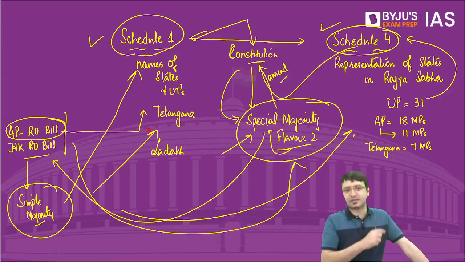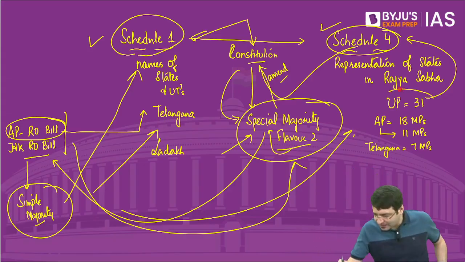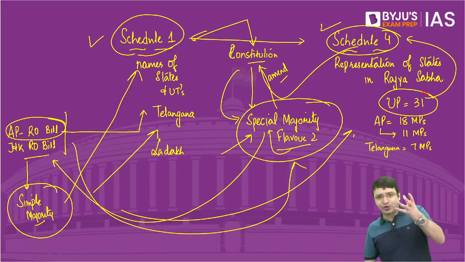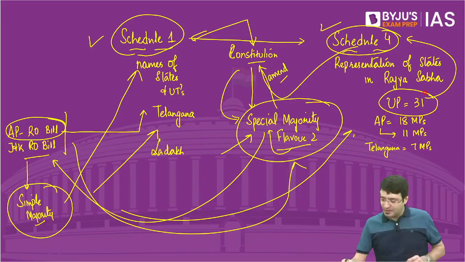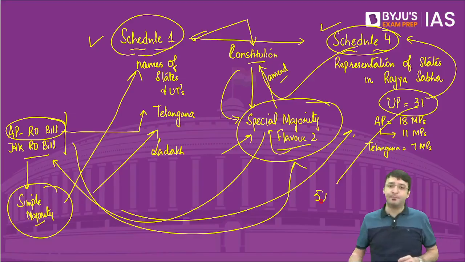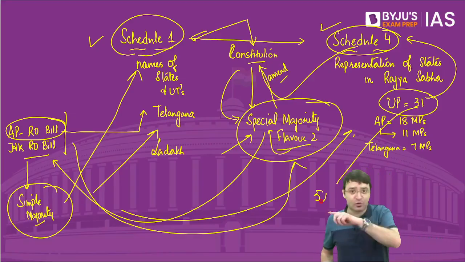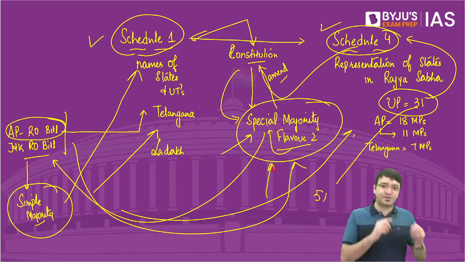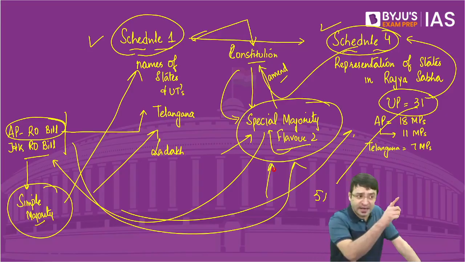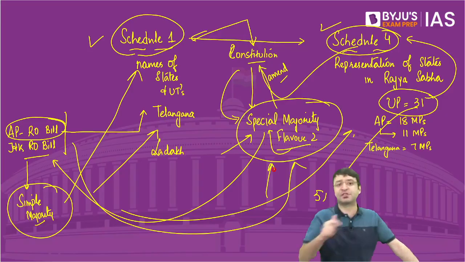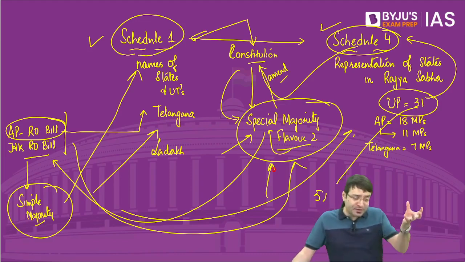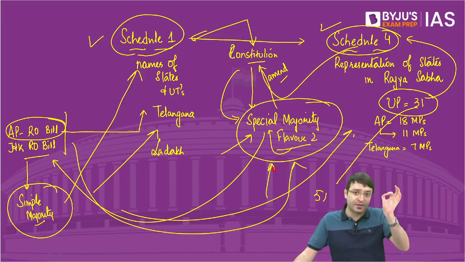Which means this: if you are saying that we will pass a law to increase the representation of UP in Rajya Sabha from 31 to 51, you need to amend the constitution. But this amendment would be through flavor 3 of special majority, which means you need ratification by more than half of the states as well, because you are affecting a federal feature. Why? Because you are giving more representation to one state. This is the question of federalism.